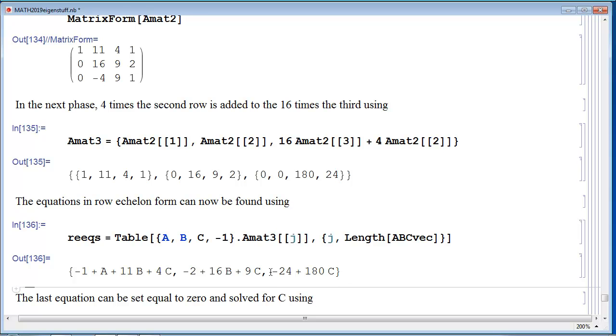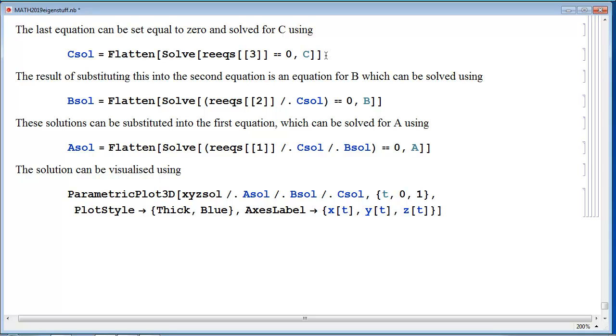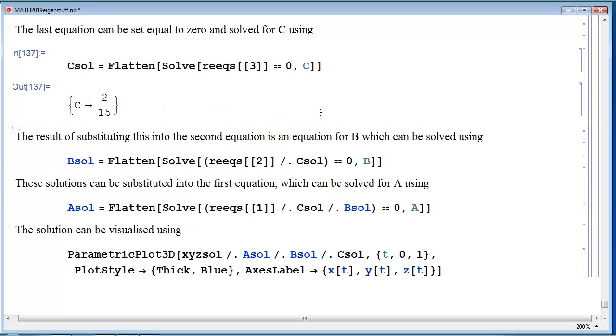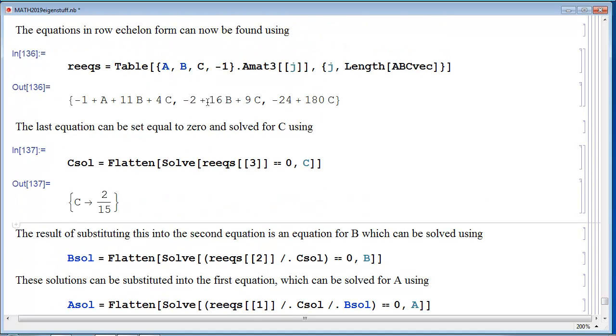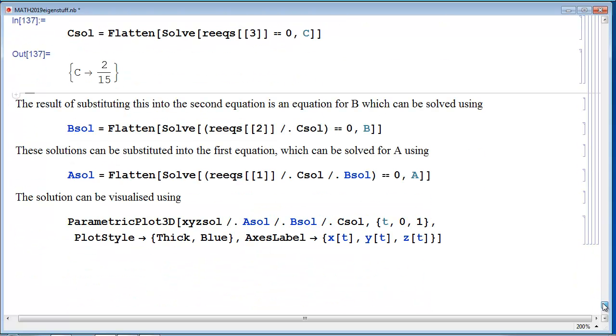And we can see that the third equation only involves c, so we can solve that. We can set the third equation equal to 0 and solve for c to find it's 2/15, and then if we look at the second equation, we can see it only contains b and c, so we can substitute for c and we'll get an equation for b.